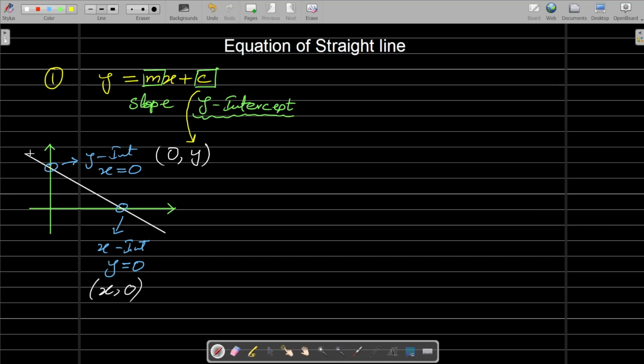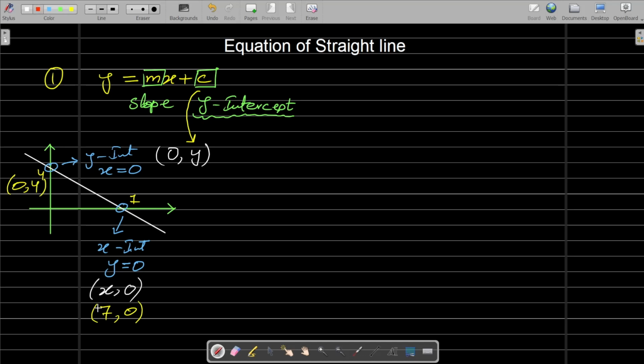For instance, if this line is cutting the x-axis at 7 and the y-axis at 4, the coordinates of the x-intercept will be (7, 0) and here it will be (0, 4).